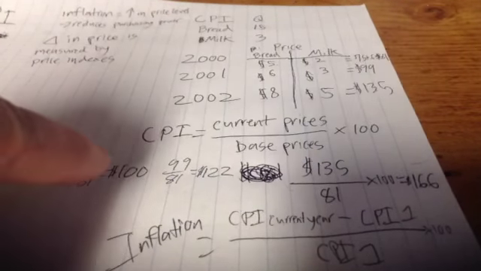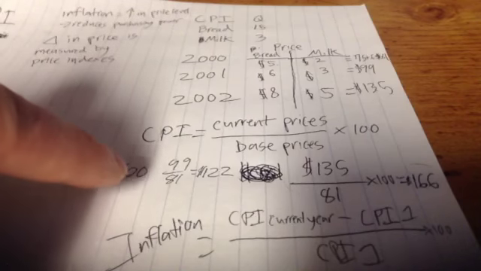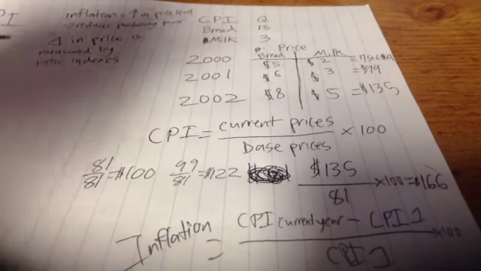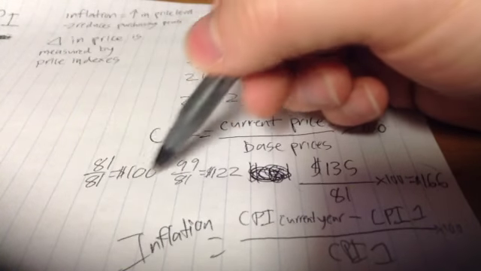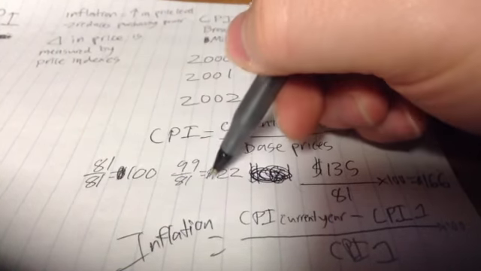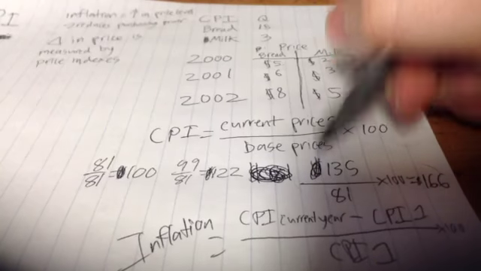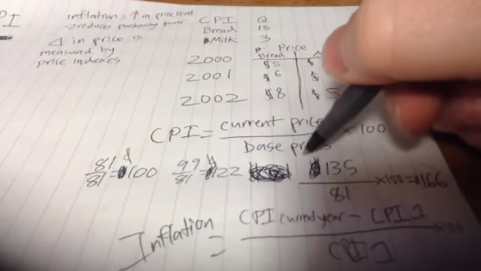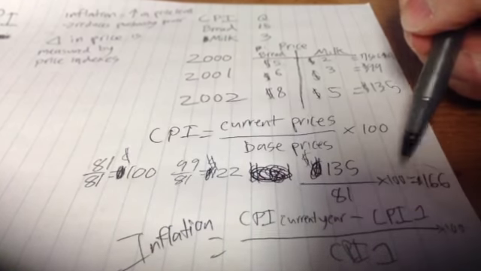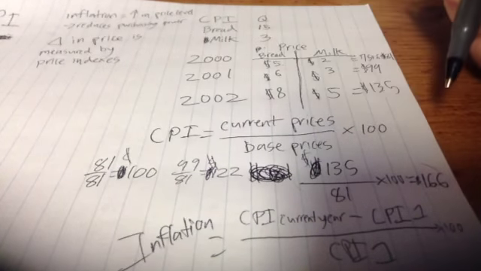In the base year, the CPI, just like the GDP deflator, will always be 100. Let's get rid of these dollar signs. I don't think it's... Well, it is. Okay, never mind. It's dollars. So you have 100, 122, 135.